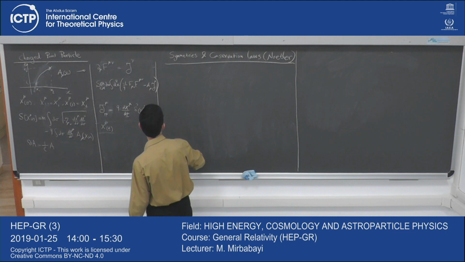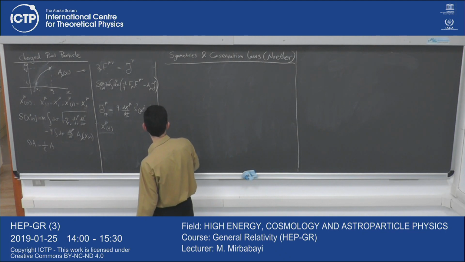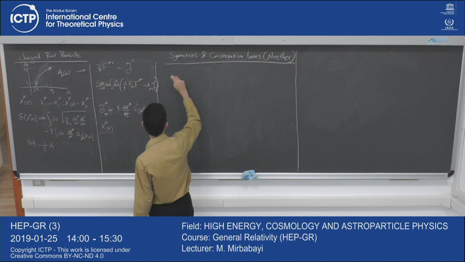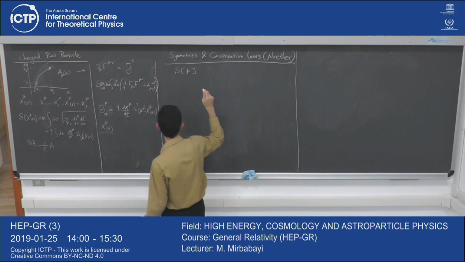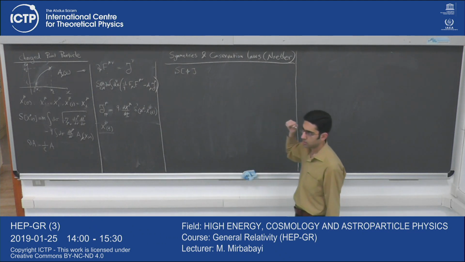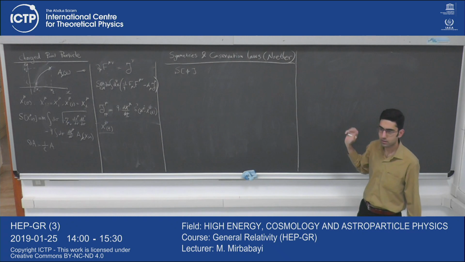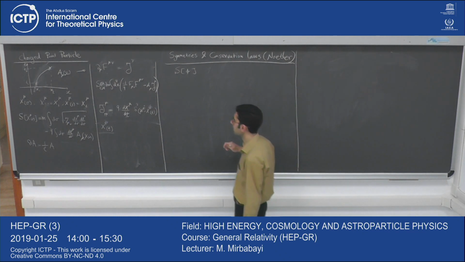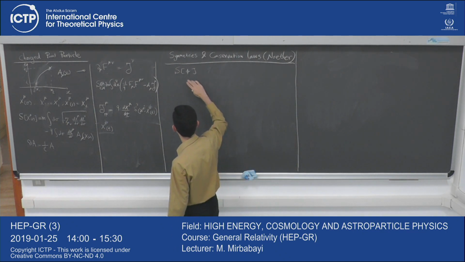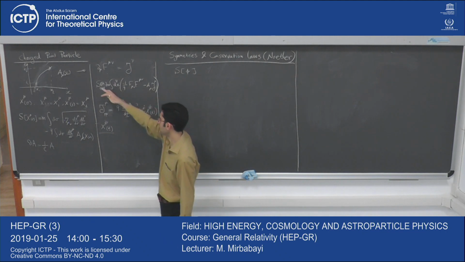So now I'm going to consider some general action for a field phi, but this field can be a collection of fields. It doesn't have to be a single field, and it doesn't have to be just a scalar field. Phi can, for instance, be this A mu.